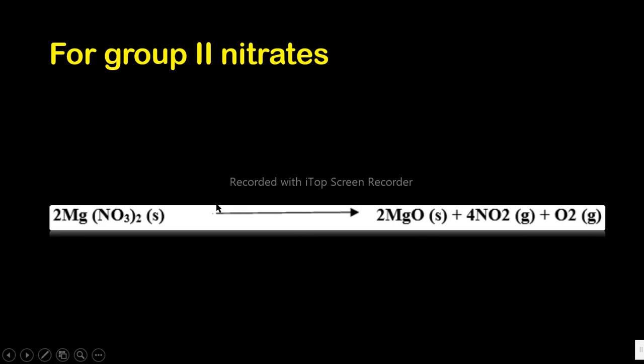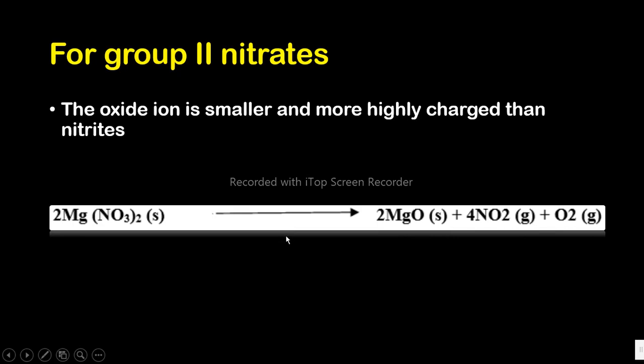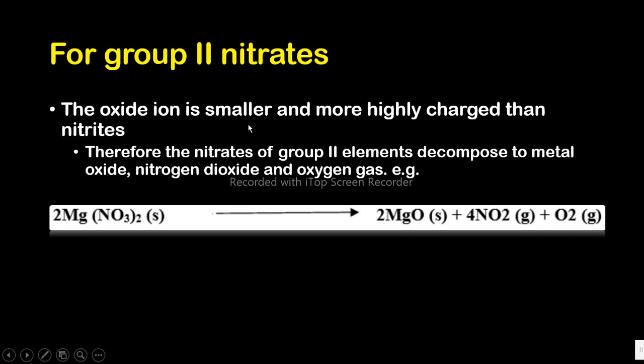Now for group 2 elements, we have an equation before, but anyway, for group 2 they do decompose to give us the metal oxide, the nitrogen dioxide gas, and the oxygen. And the oxide being smaller and the oxygen being highly electronegative, it will be formed, it is more stable, so the nitrate will decompose to produce the oxide.